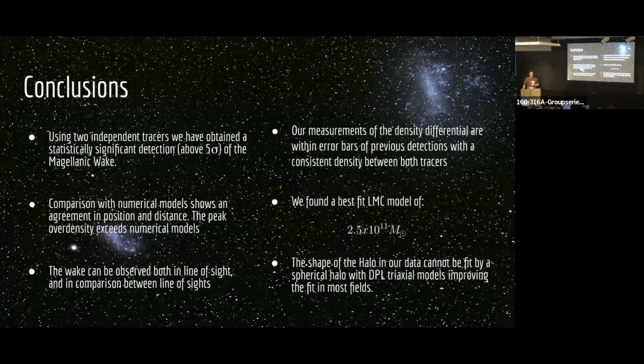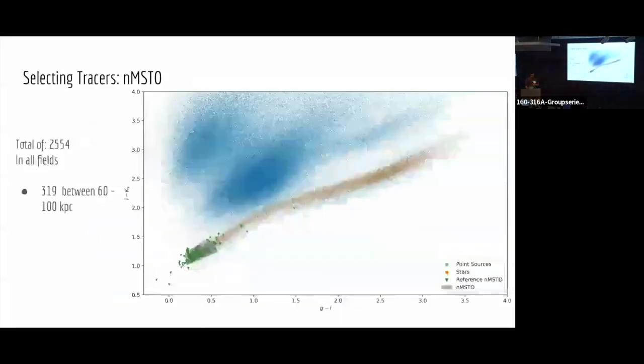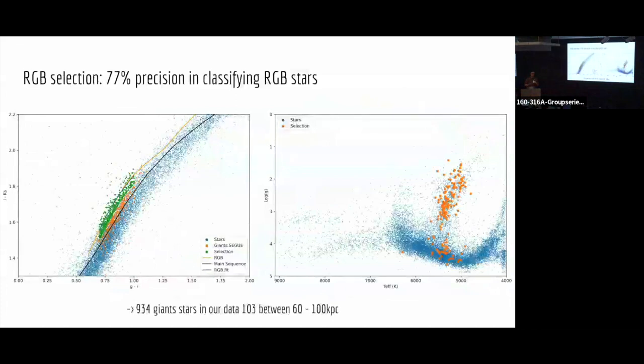Thanks, Manuel. I'm curious about the nasty effect of the selection function. How concerned are you about that? You're talking about the RGB stars? Yes, I'm talking about the effect of the completeness as a function of distance, because that will affect the profile.